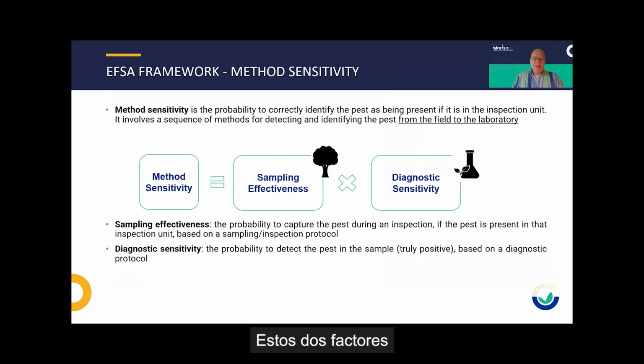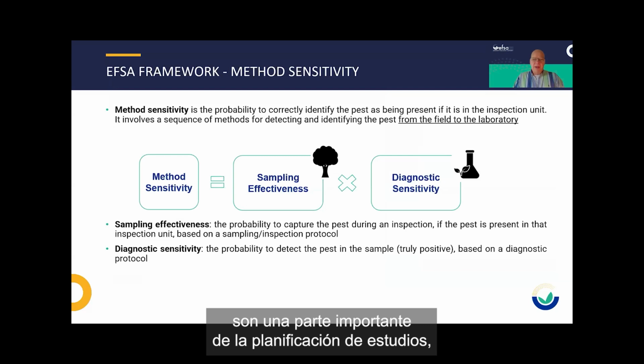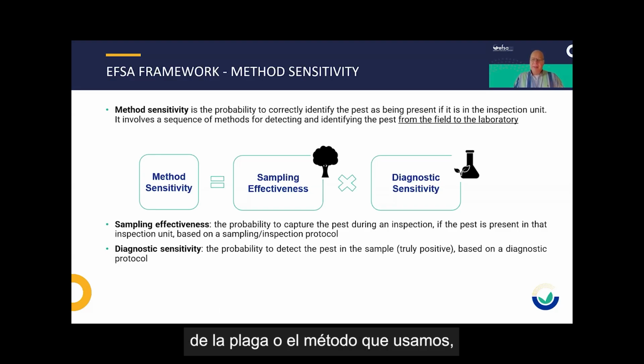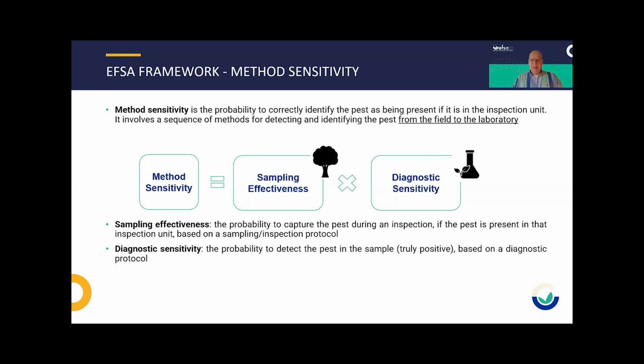These 2 are an important part of planning a survey, and they inform us about the method sensitivity. The method sensitivity describes the probability by which the pest, by all the procedures that we are doing, is detected given it is present in the area that we are studying.